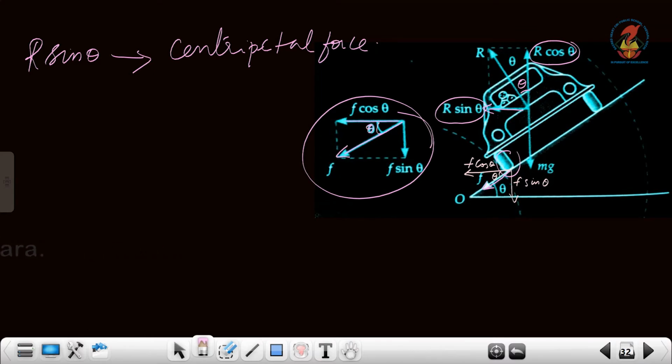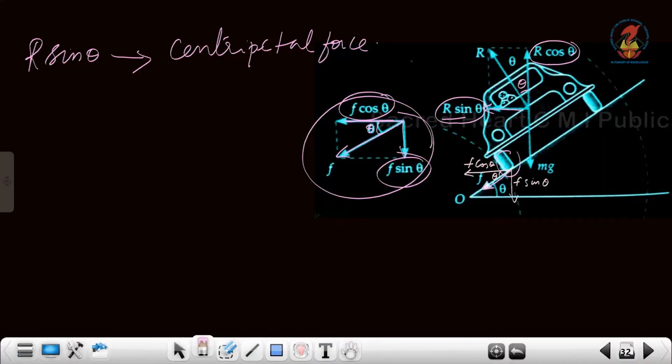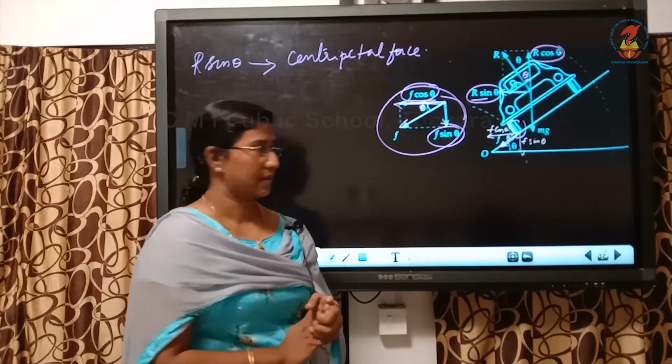So I am going to resolve it into two components, horizontal and vertical, that is f cos theta and f sin theta, like before. So there are two things acting towards the center. One is the R sin theta component of the normal reaction, and second is f cos theta. It is also directed towards the center, so it is also providing some centripetal force to the tires.